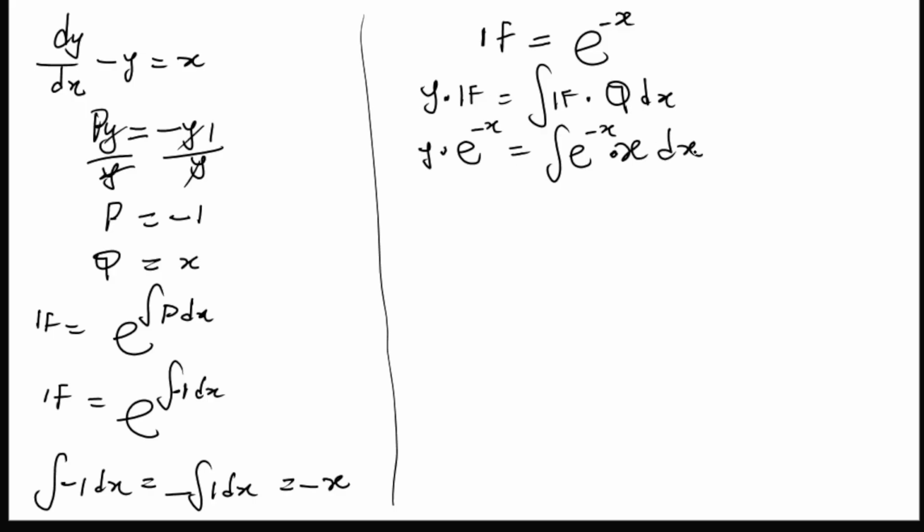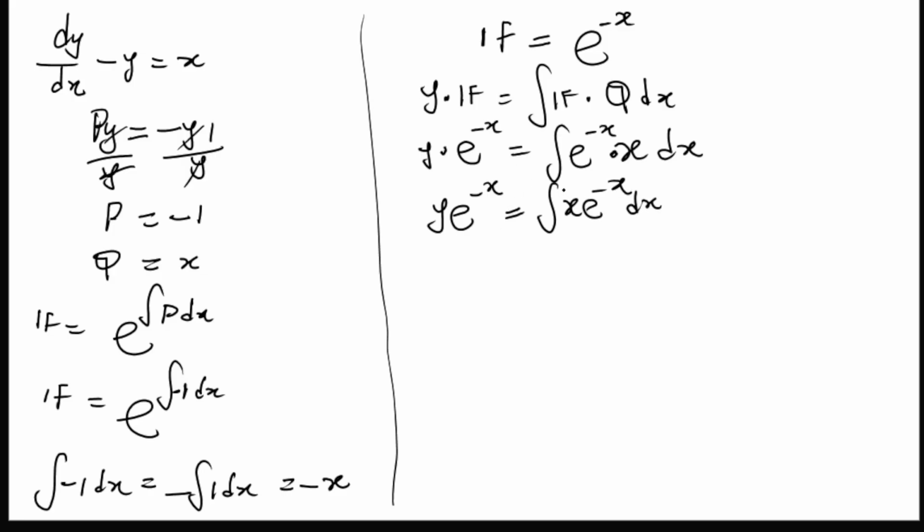The next thing to do is to rearrange your equation. We are simply going to rearrange the equation such that we can integrate the right hand side of your equation. If you rearrange this equation, you simply have y exponential minus x is equal to integral of x exponential minus x dx.